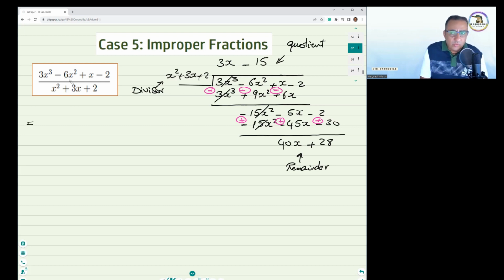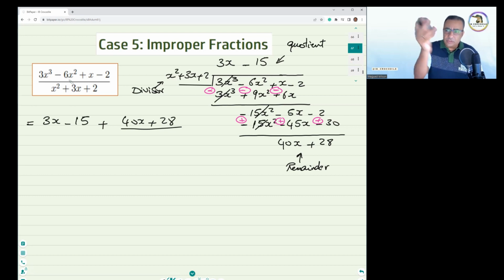We write the quotient, which is 3x minus 15, plus the remainder 40x plus 28 over the divisor, x squared plus 3x plus 2.